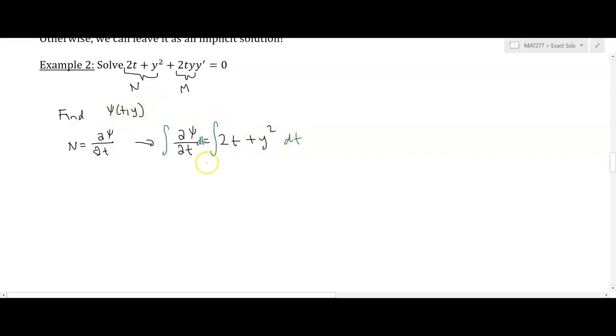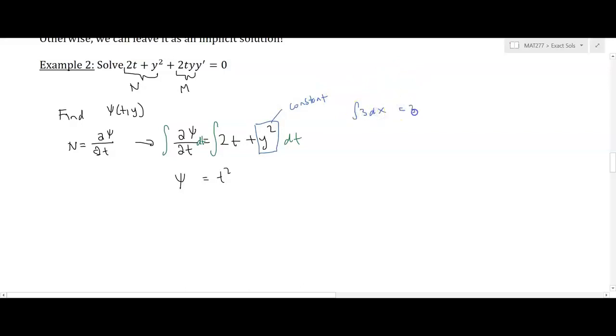So when I take the integral of d psi dt with respect to t, that's just the integral of the derivative of psi, and therefore that will just produce psi. The integral of 2t is t squared, plus the integral of y squared. Because we're treating y as a constant, let's think about what would happen if you integrated, for example, 3 dx.